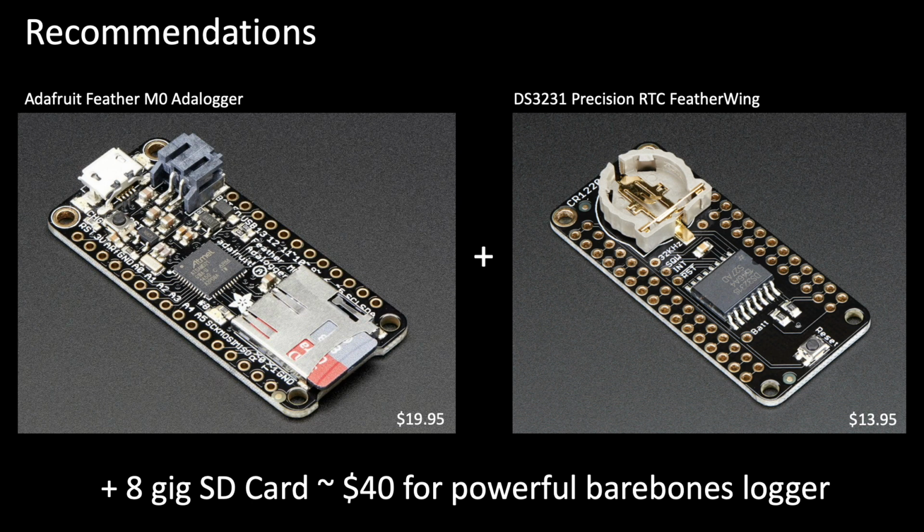I think this is much better than going with the data loggers that have that PCF8523 real-time clock embedded in them, only because of those time accuracy issues. And I also appreciate the fact that the Adafruit Feather M0 Adalogger has more memory, so that I don't run into memory constraints when adding OLEDs or libraries for multiple sensors.